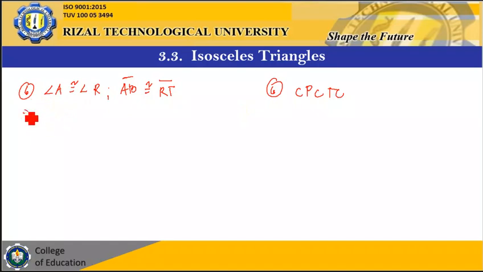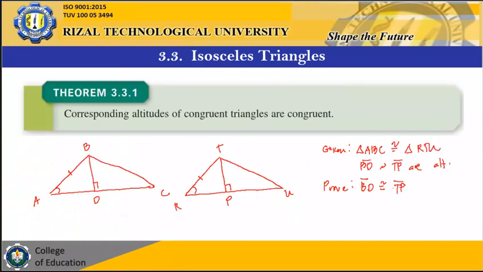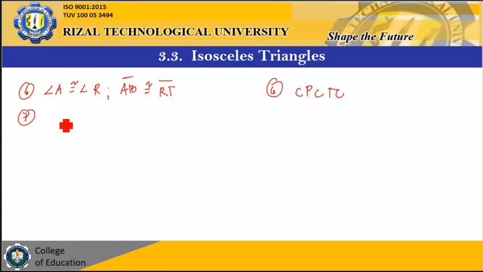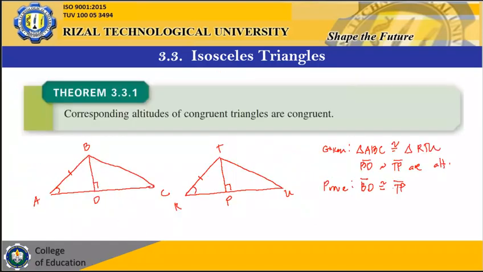And number 7, we have already shown that they are true, they are congruent, and we can say that triangle BDA is congruent to triangle TPR.